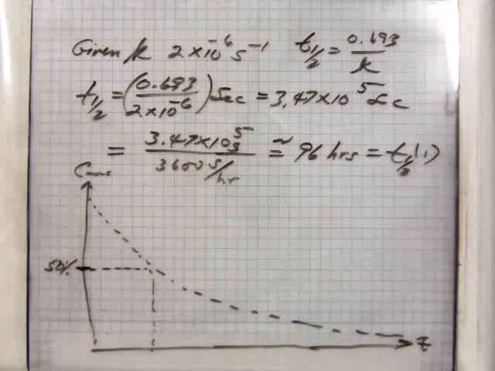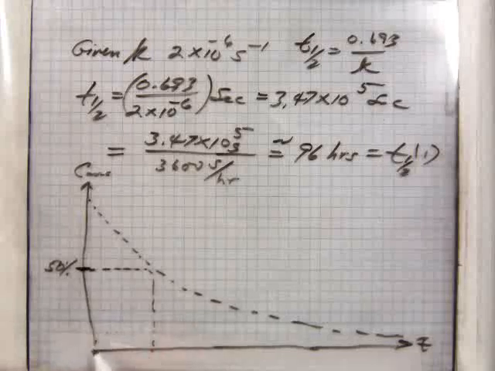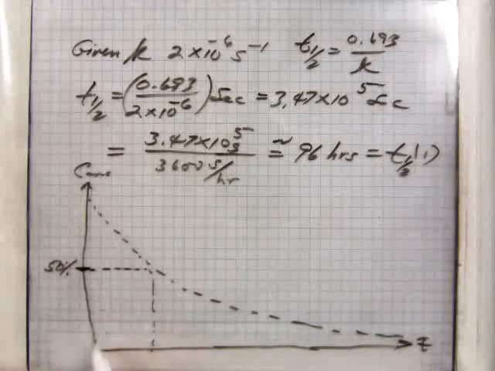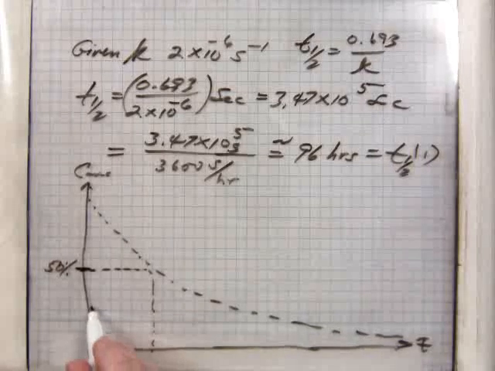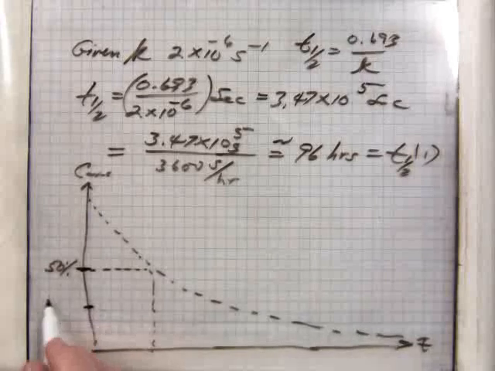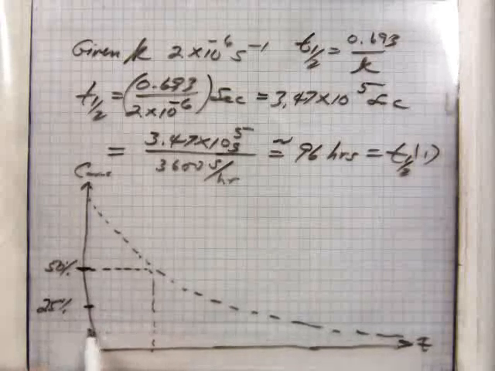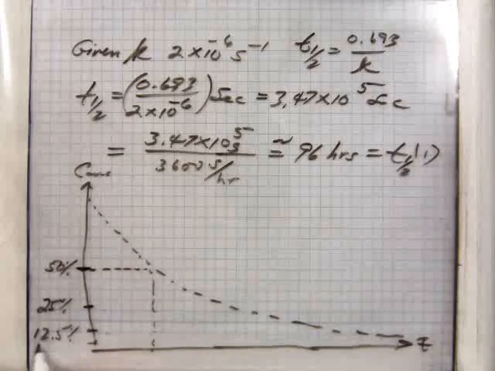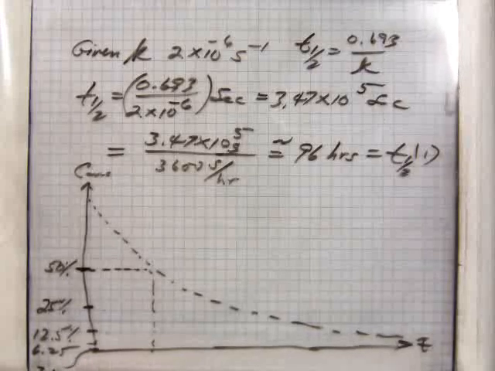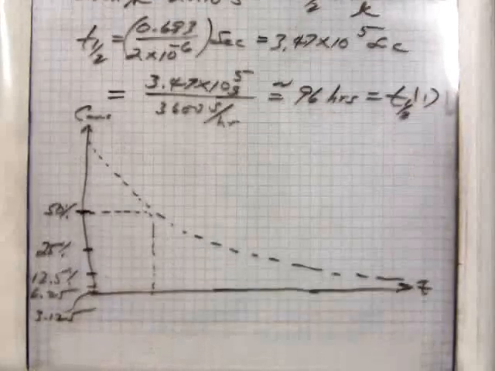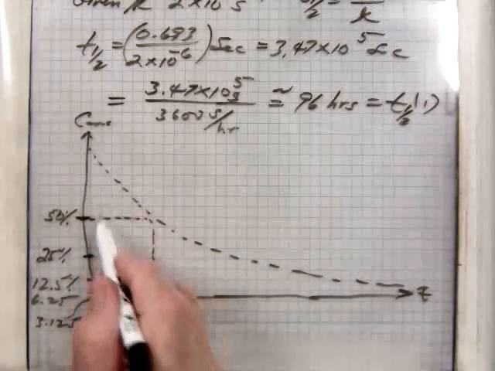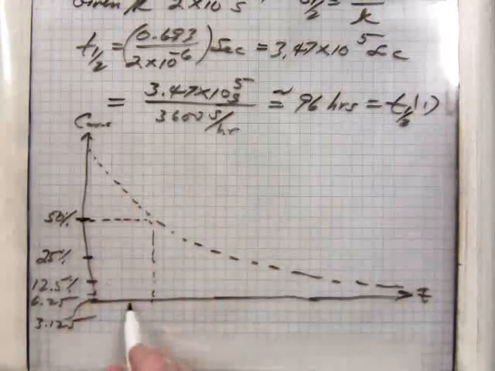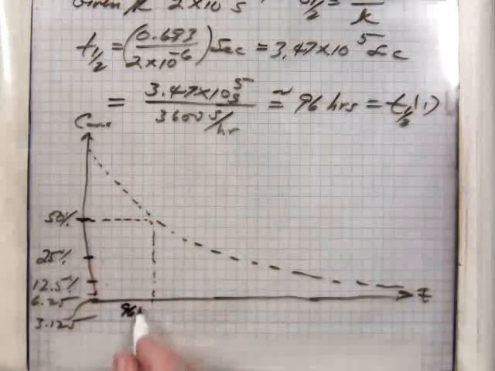Half of it's gone, half of it remains. And then half of that, let's split it right there. There's your 25%. And split that one, 12.5%. And 6.25 and 3.125, like that. So there's your first half-life here, and that is 96 hours.